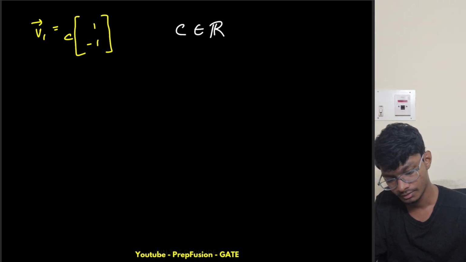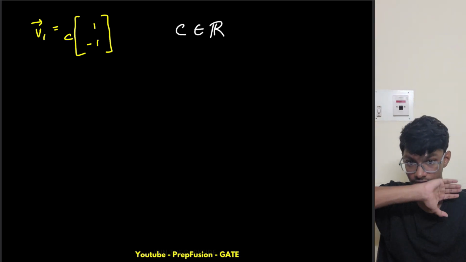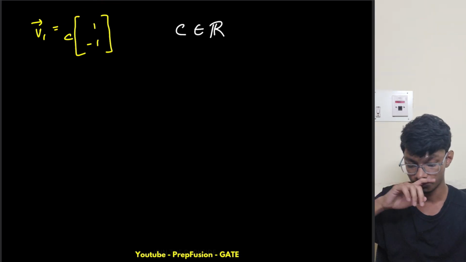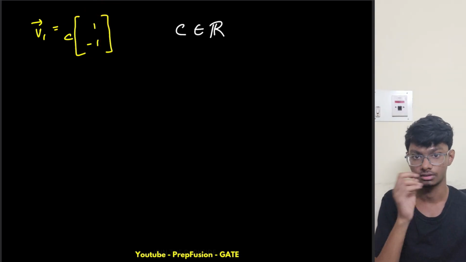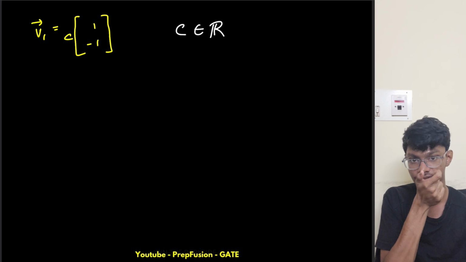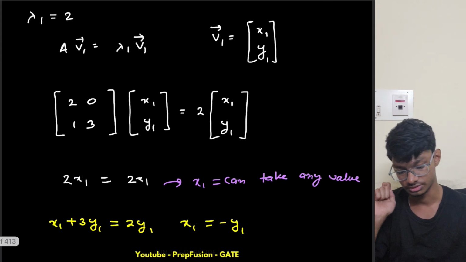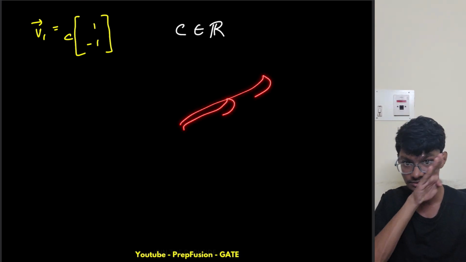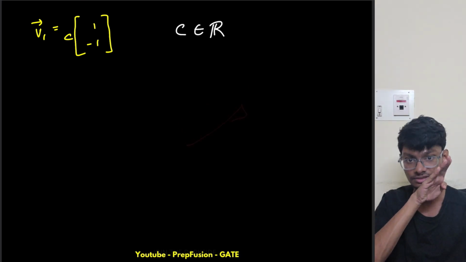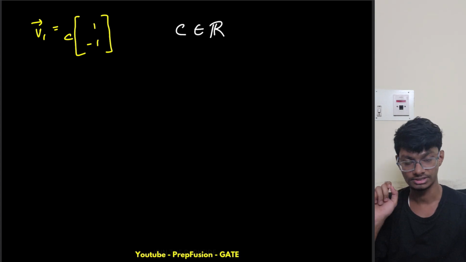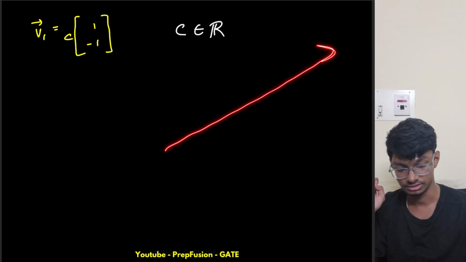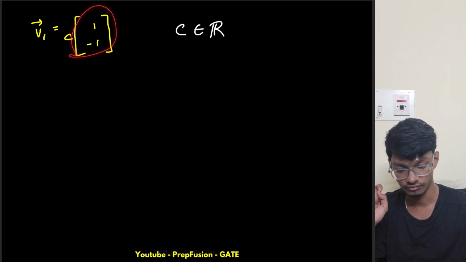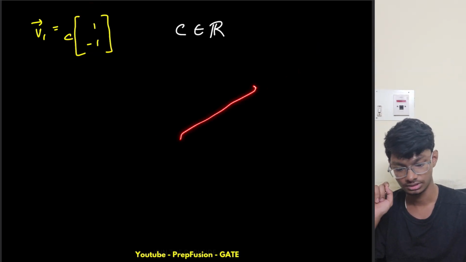So this eigenvector can take multiple values, but they have to follow this particular relation, and the scaling factor will remain the same. Obviously this eigenvector is in some particular direction. That is the main thing. It's not spanning around in other directions. The direction is fixed, 1 minus 1 is fixed, and it is just scaling.